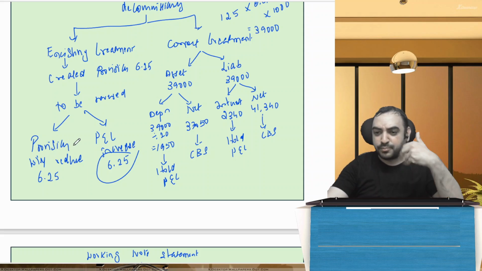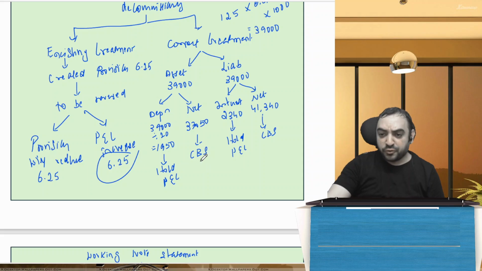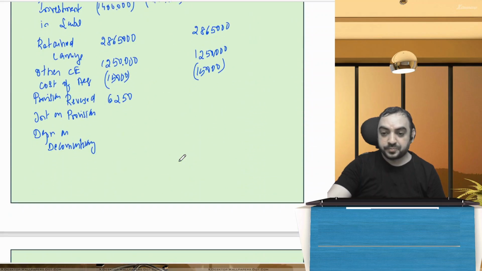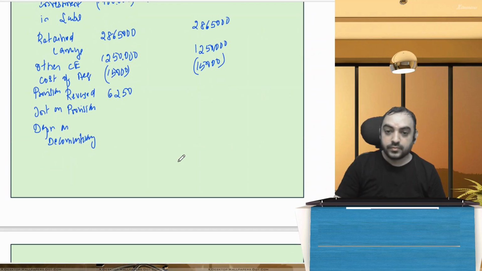Provision will reduce, and 6,250 will increase, and then interest 2340 will go to P&L, and asset depreciation 1950.